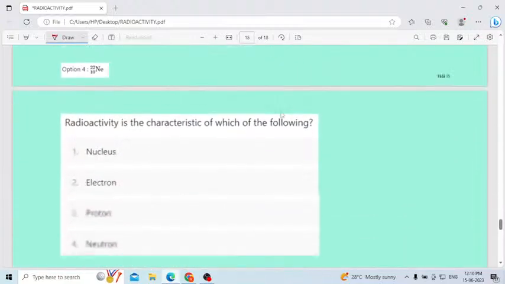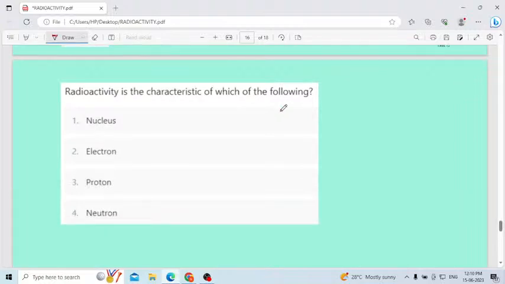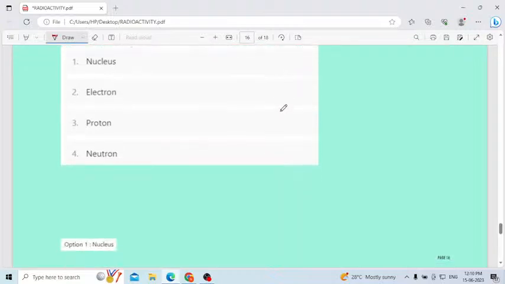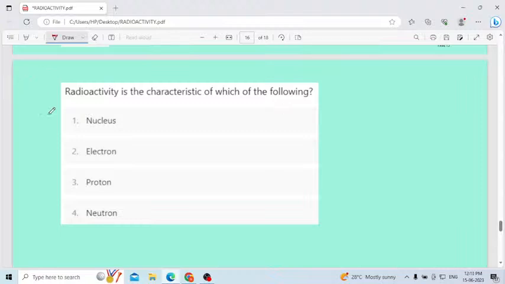Then move to the next question. Radioactivity is the characteristic of which of the following? Nucleus, electron, proton, neutron. Yes, in the beginning of the class I told you radioactivity mainly depends upon the nucleus. It does not depend upon any electron, proton, or neutron, because an unstable nucleus is converted into a stable nucleus.